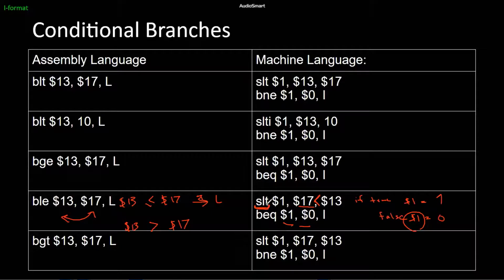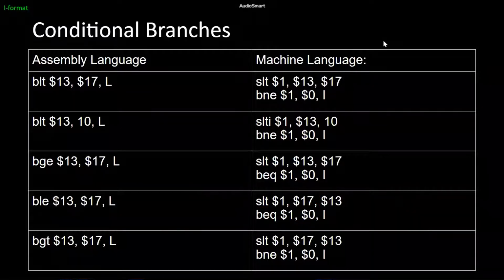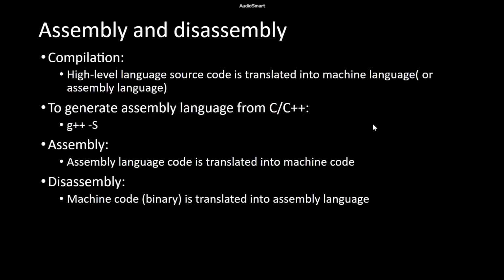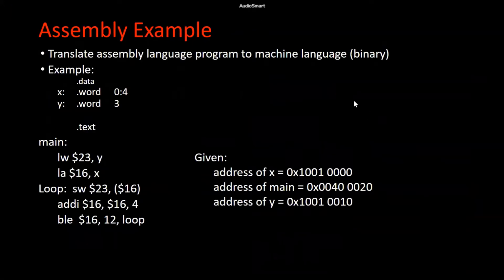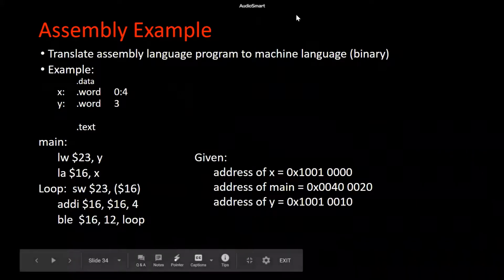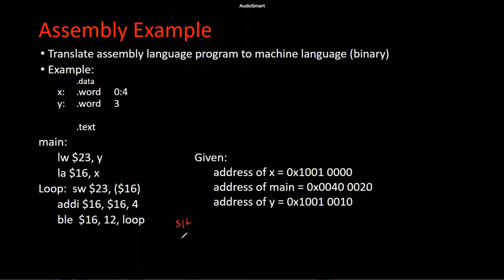So we get a set less than and a branch equal, but this is opposite. If we go back, this last instruction is going to be basically that set less than and branch equal, as we just talked about.